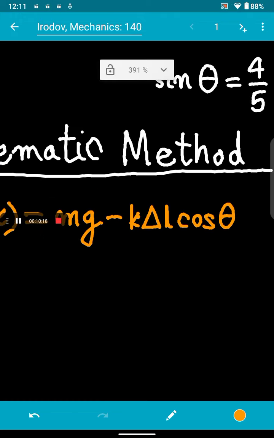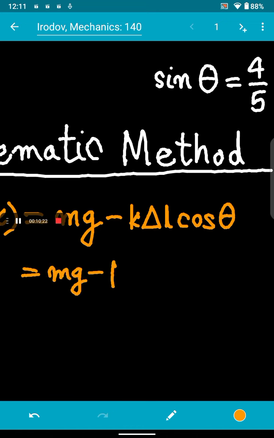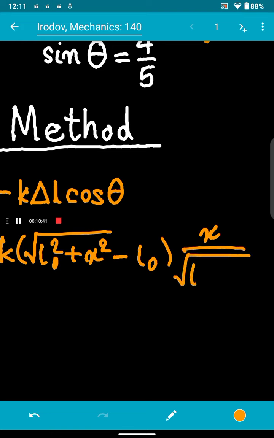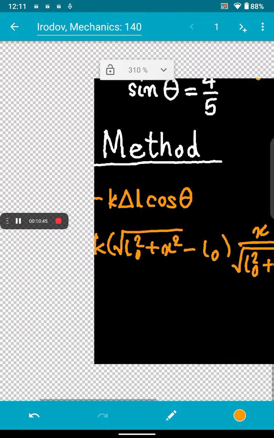Now, as a function of time, this will be mg minus K into root over L naught square plus x square minus L naught. And what will be cos theta? Cos theta will be nothing but equal to x divided by root over of L naught square plus x square. Okay.